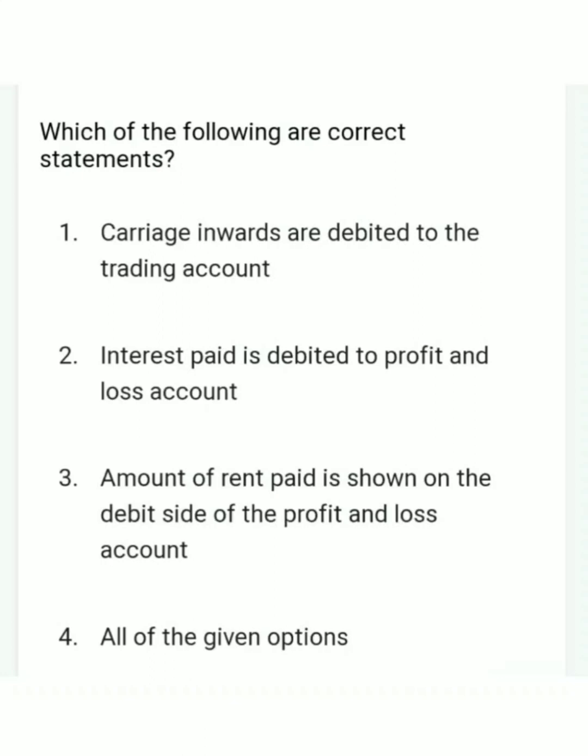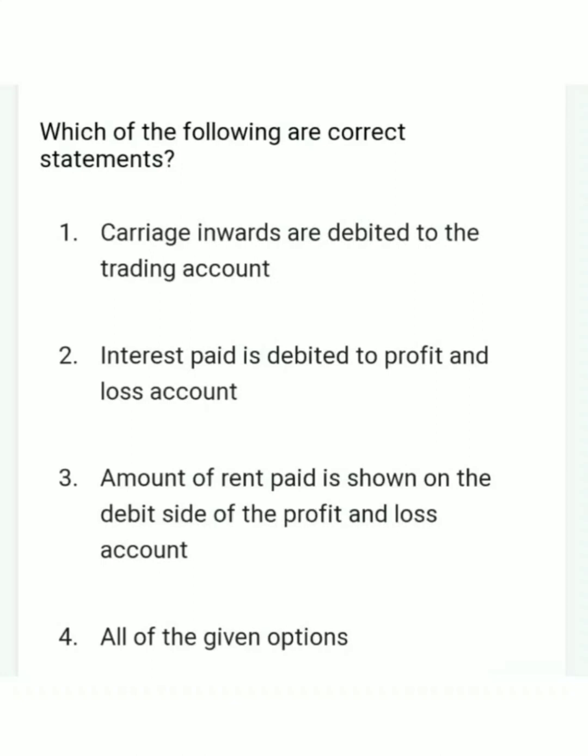The second statement, interest paid is debited to the P&L account. Interest paid is also an expense which appears on the debit side of the P&L account, so this statement is also correct. Third statement, the amount of rent paid is shown on the debit side of the P&L account.